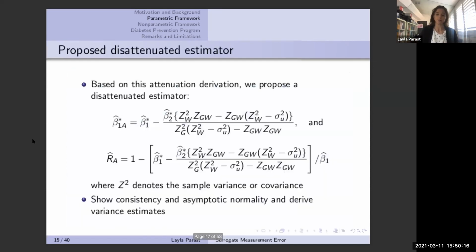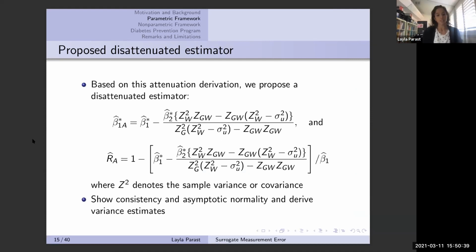So based on that, you can do some algebra and flip it around and get a disattenuated estimator. Plugging in all of the pieces you need, you take the beta 1 star that you estimate when you use the W, subtract off this attenuation bias term, and get a new disattenuated estimator.